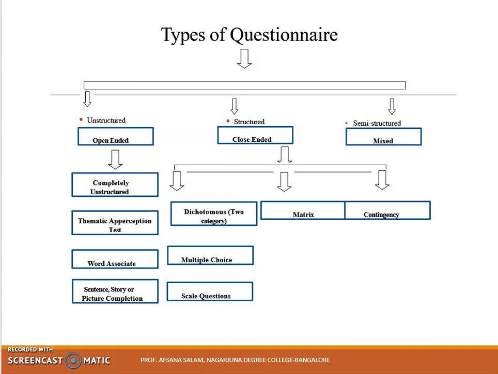We can use multiple question types in a questionnaire. In fact, using multiple question types can also help in increasing the response to your research questionnaire, as we tend to keep participants more engaged.